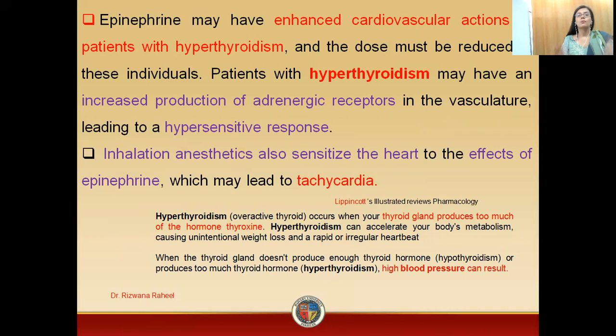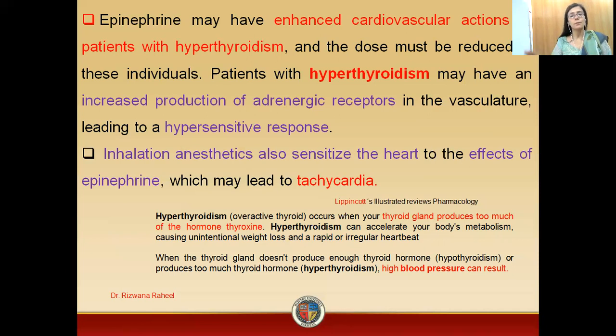So what happens in case of patients who are suffering from hyperthyroidism? As we know, in case of hyperthyroidism, your thyroid gland produces too much of the hormone, that is thyroxine. Secondly, there will be an increase in blood pressure. And in hyperthyroidism, there is increased production of adrenergic receptors. So a patient with hyperthyroidism is already suffering from increased blood pressure.